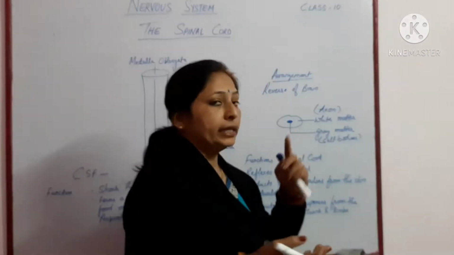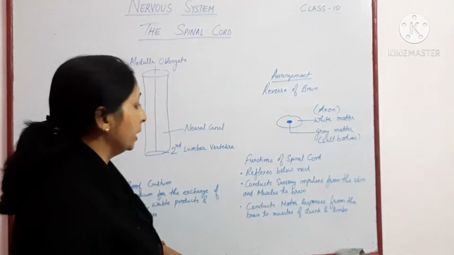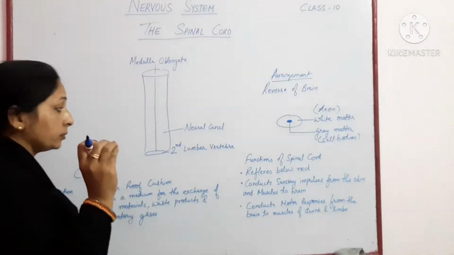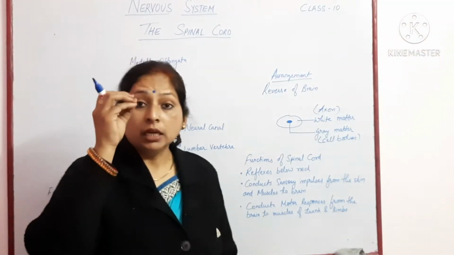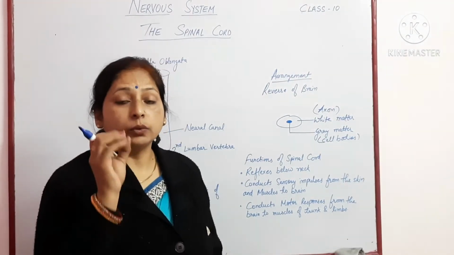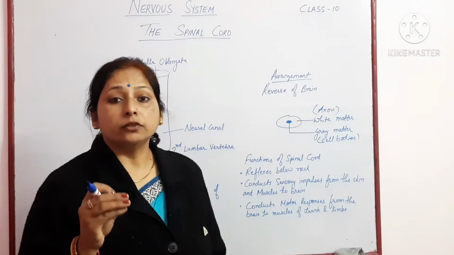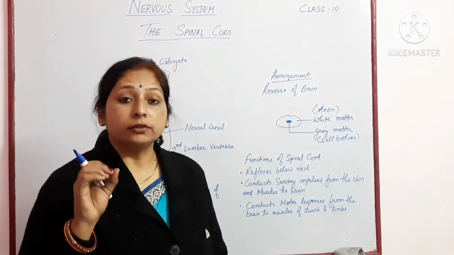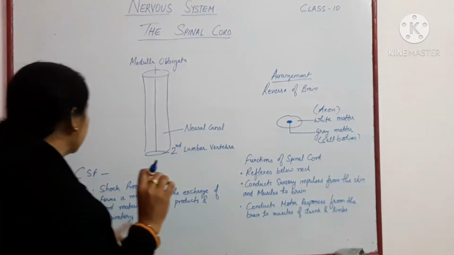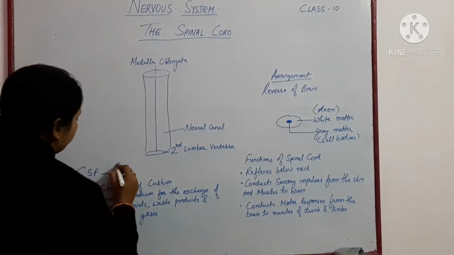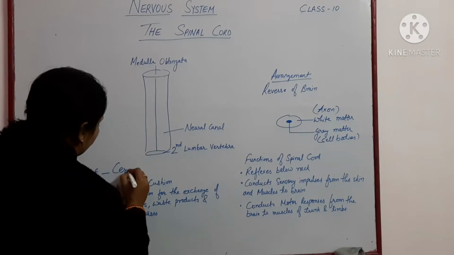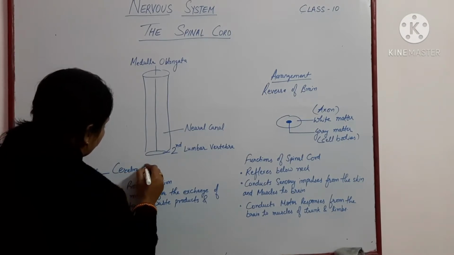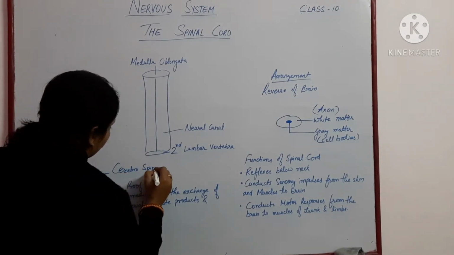White outside, grey inside. Then in this central canal where the nerve cord continues, a fluid is present. The fluid is known as CSF. CSF means cerebrospinal fluid.